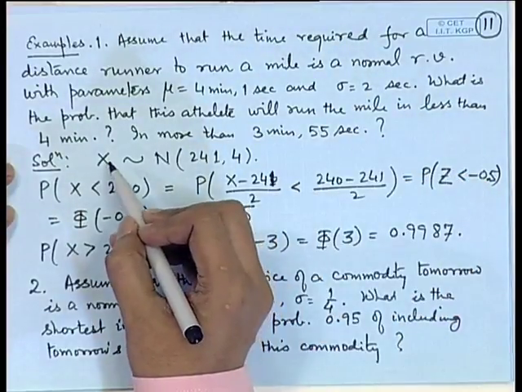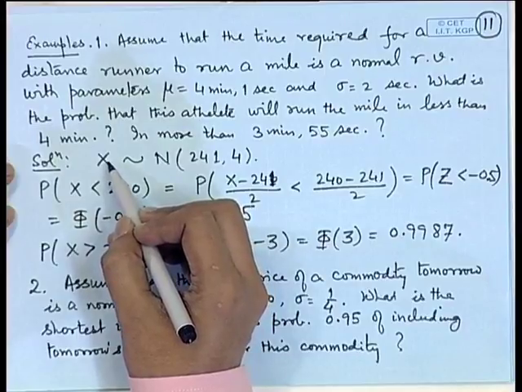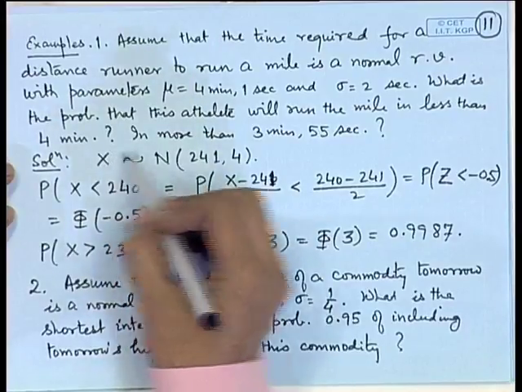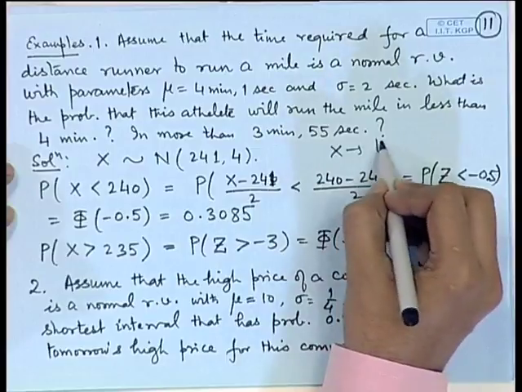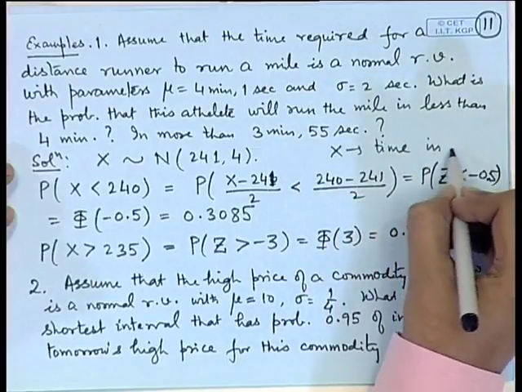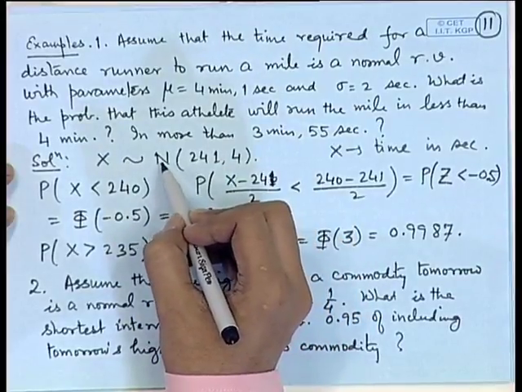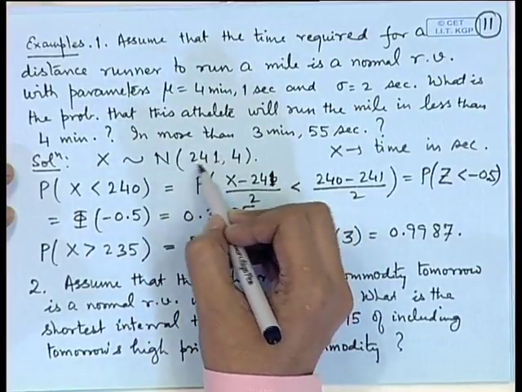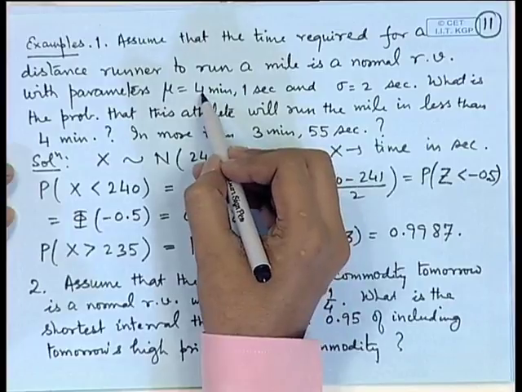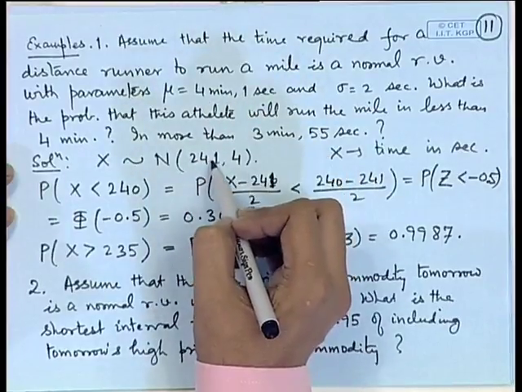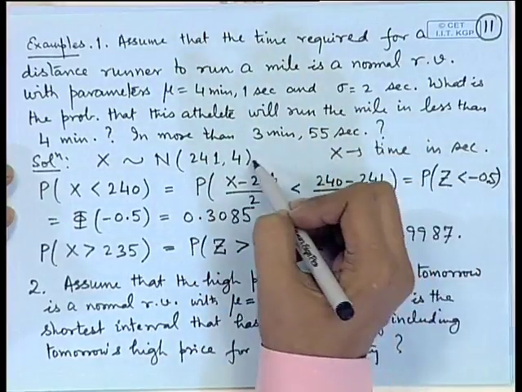If we consider x as the time required, measured in seconds, then x will follow a normal distribution with mean 241 seconds. Here 4 minutes 1 second is 241 seconds and sigma square is 4 seconds.